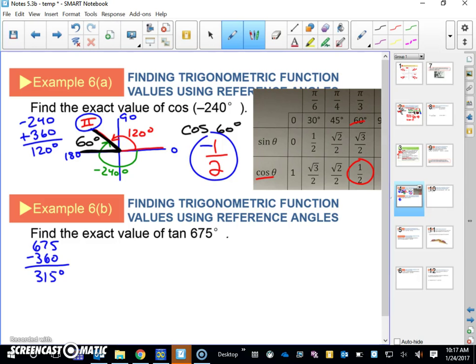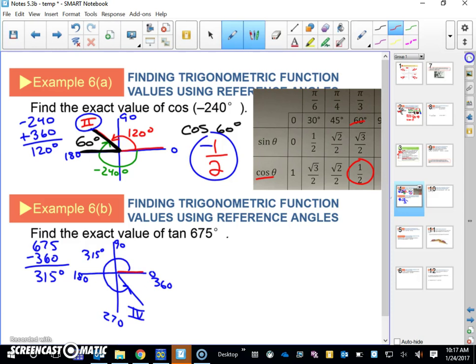And so let's pinpoint that on the coordinate plane. Here's 0, 90, 180. These are the quadrantal angles. 270. All the way around would be 360. We don't quite make it there, but we do make it past 270. We're making it into the fourth quadrant. 315 degrees puts us into the fourth quadrant.